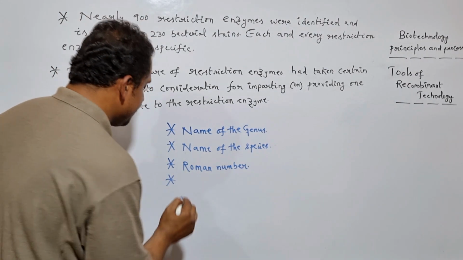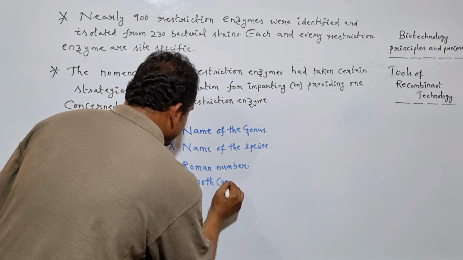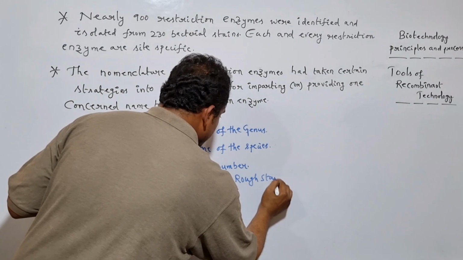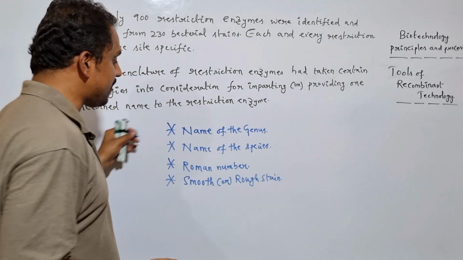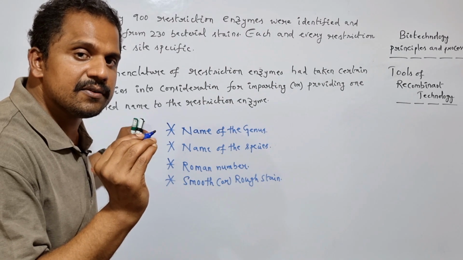Is it clear? Smooth or rough strain. So by taking advantage of all these strategies into consideration, one concerned name is given to the restriction enzyme.